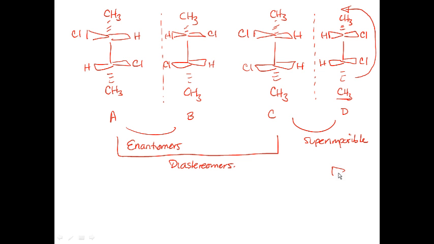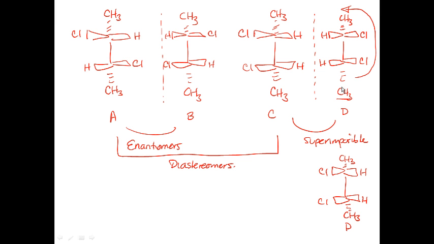So if I rotate that molecule 180 degrees, I would get this representation. And so, as you can see, C and D then are superimposable on each other. But yet they have chiral centers.